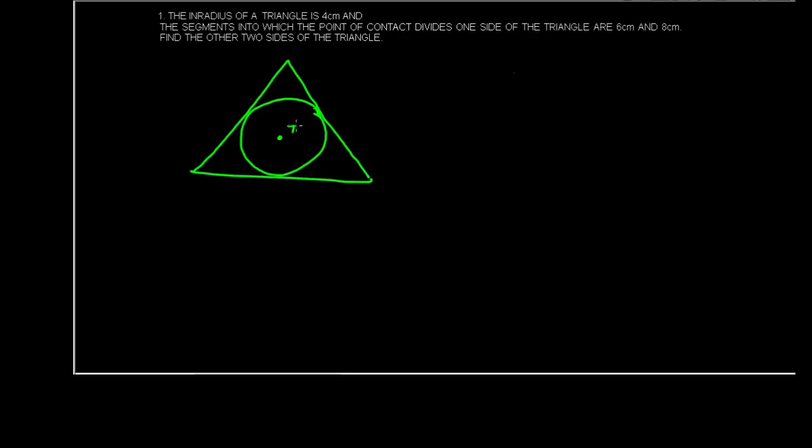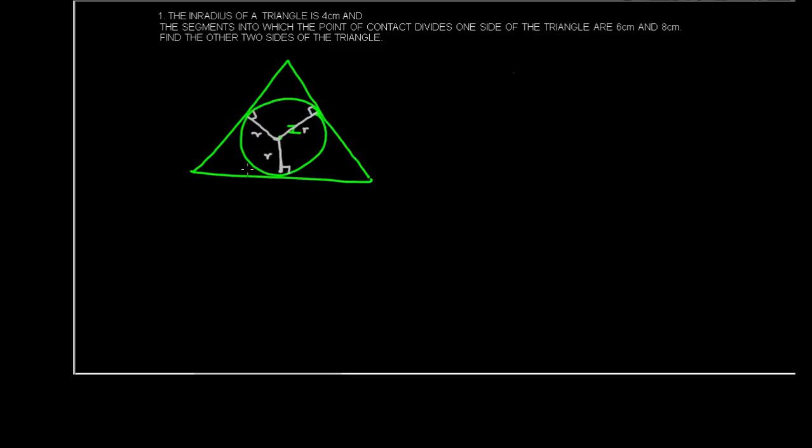So suppose this is my incenter. This incenter is equidistant from the sides of the triangle. So this, and this. All these three are equal and they are nothing but the radius of the circle. So this is 90, this is 90, and this is 90.